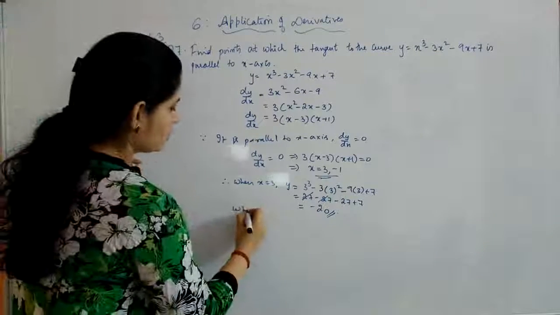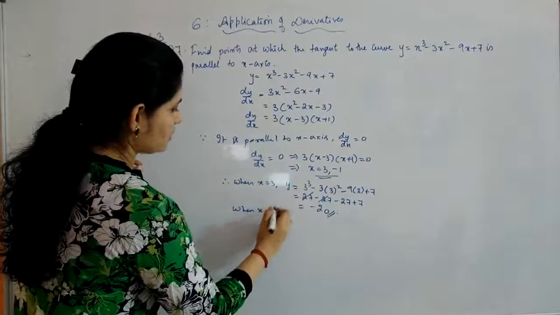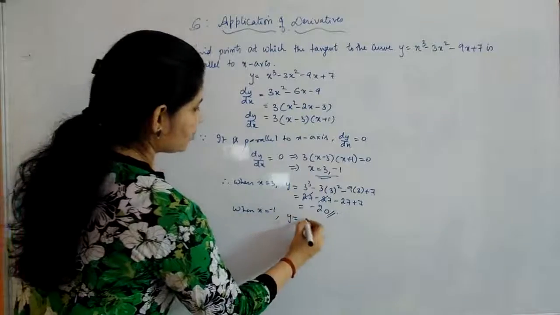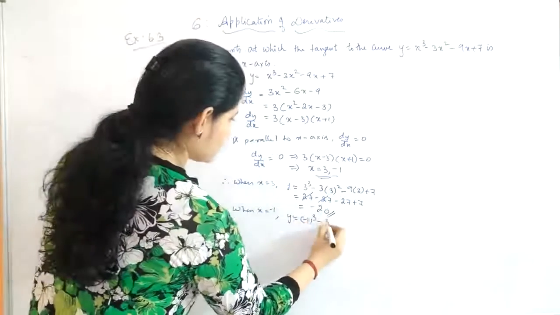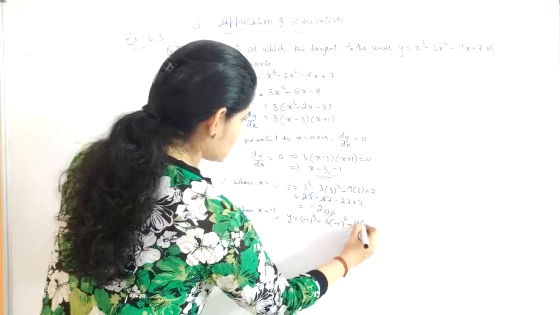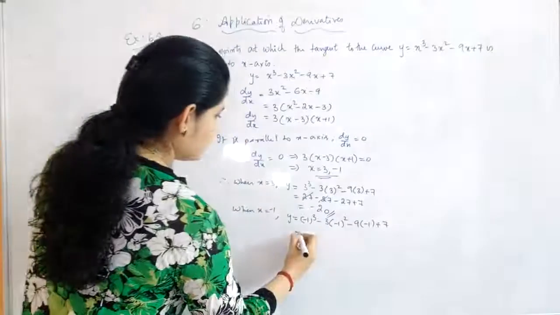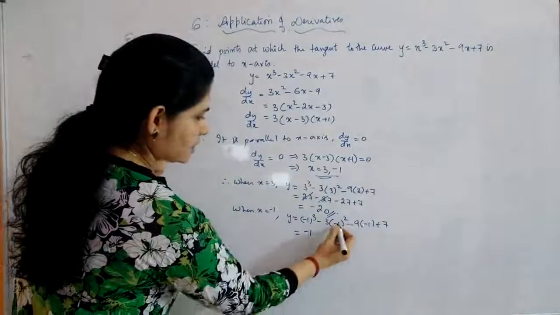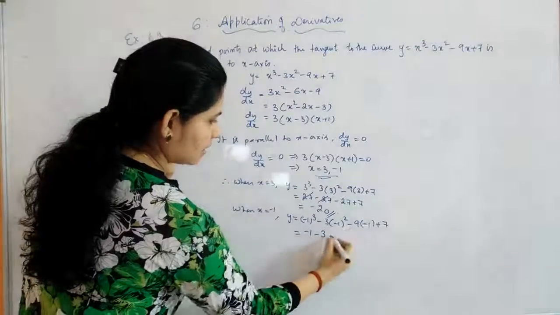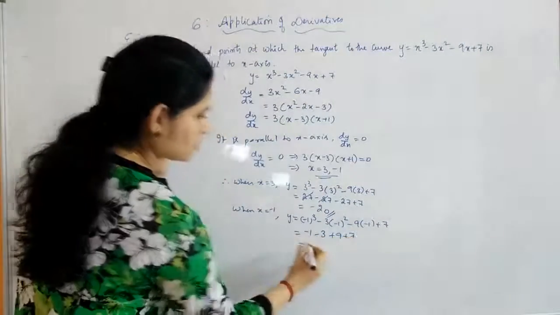Now when x is equal to minus 1, you get y to be (minus 1) the whole cube minus 3 into (minus 1) the whole square minus 9 into minus 1 plus 7. This is negative, so minus 1, minus 3, this is positive 9, and plus 7.